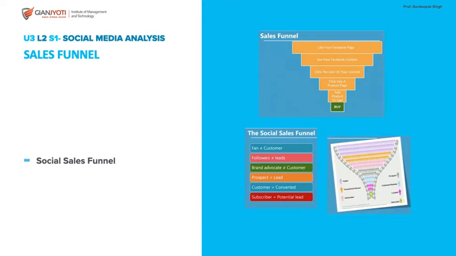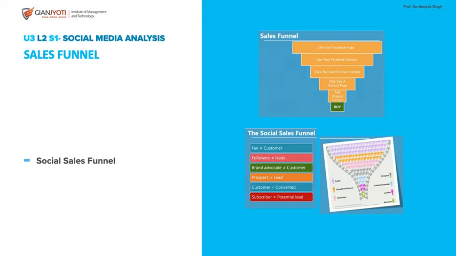So if I want to look specifically at the social sales funnel, we start with the public in general, then we have a friend, fan, or follower, then the subscribers, and then the prospect, and then comes your customer, who may be a member who has subscribed, a loyalist, and then finally the advocate. So this is how we look at the social media funnel.